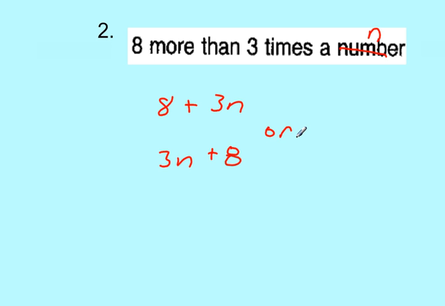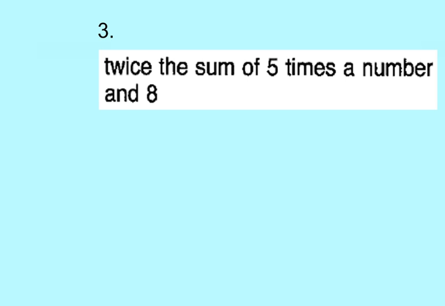Let's look at number 3. We're doing twice the sum of 5 times a number and 8. Twice the sum of. If you see the word of, usually that means to put parentheses around that piece of the expression. So 5 times a number and 8.